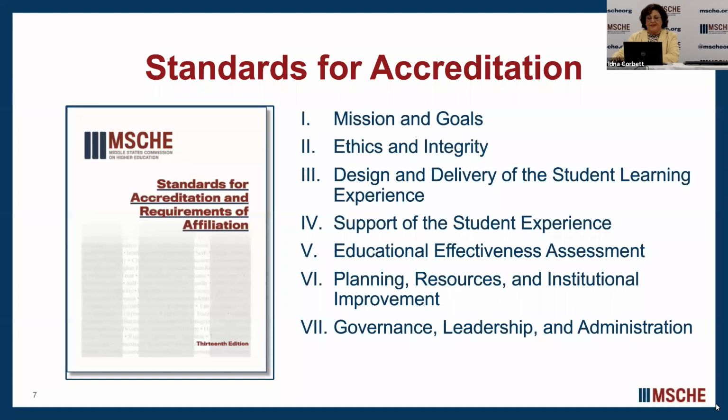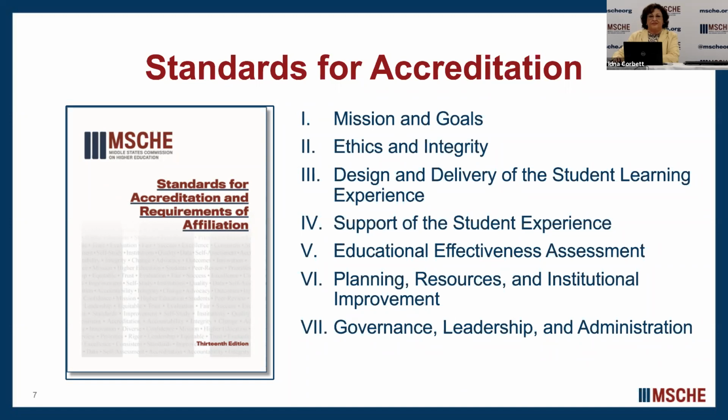Now you see before you the 7 standards for accreditation. I hope you are already thoroughly familiar with these. Whenever there is follow-up, it is aligned with either our standards, requirements, policies and procedures, or federal regulations. Although follow-up has occurred across all of our standards, there are some frequent flyers.